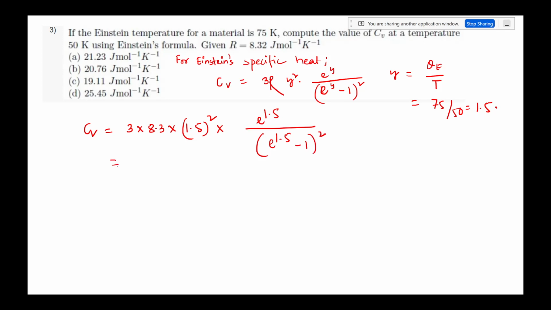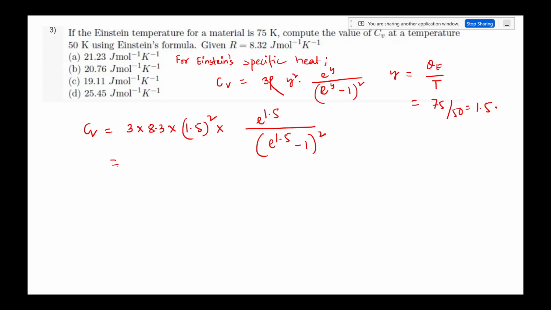Okay, let me put it in my calculator. So 3 times 8.314 times 1.5 squared times e to the power 1.5 divided by e to the power 1.5 minus 1, squared.